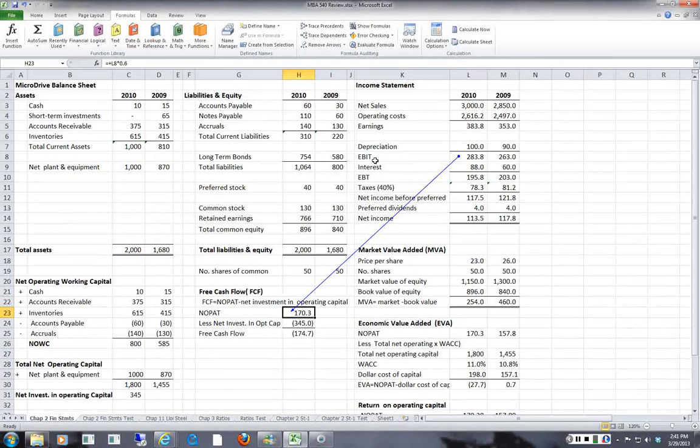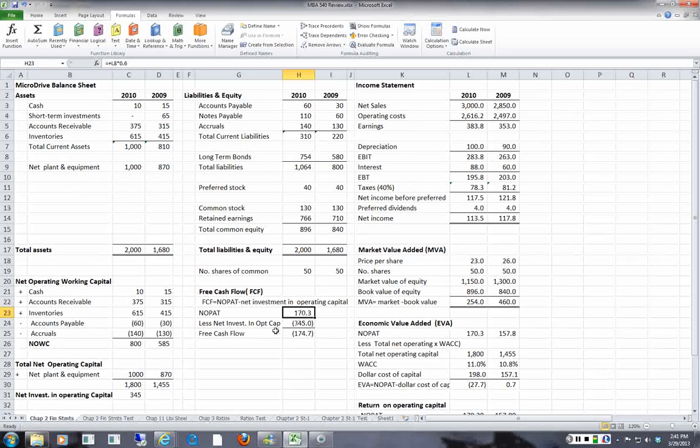Taxes is 40%, so we take the reciprocal of that and multiply that by 0.6, which comes down here to 170.3.